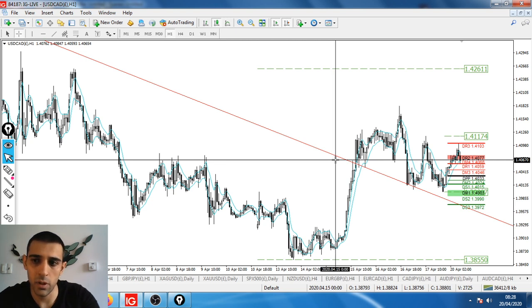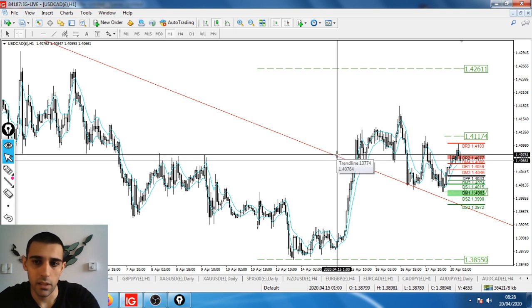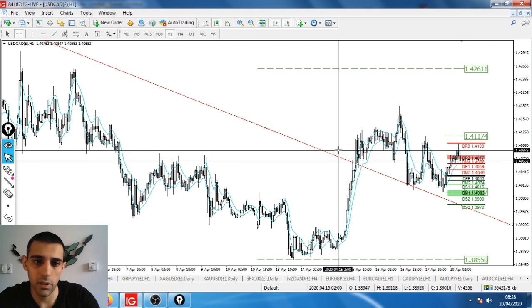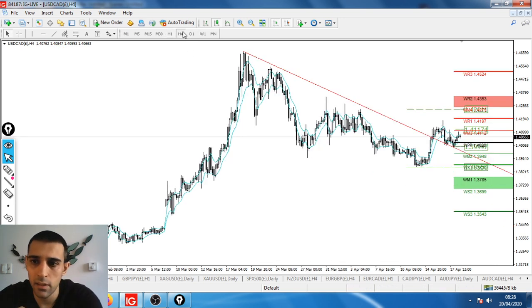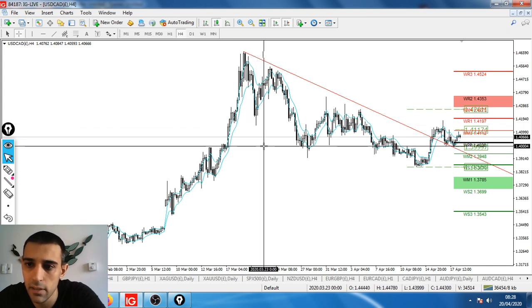So if we enter at 140.67, the stop loss is going to be, we were looking at a 20 pip stop loss on this one. So the 20 pip stop loss on that, and the target is going to be tricky. So 140.67, and the target.